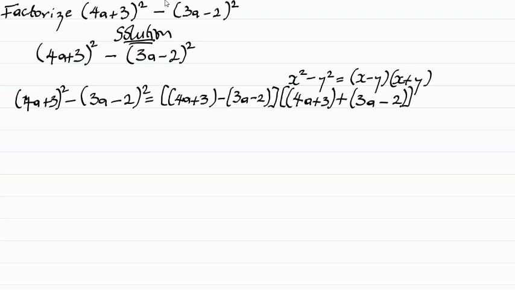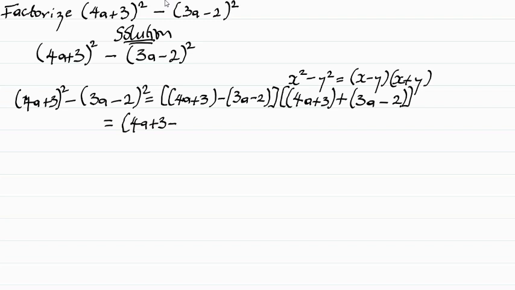Now come down and we multiply 3a − 2 with the minus we have at the front of it in our first bracket. We have (4a + 3 minus times 3a.